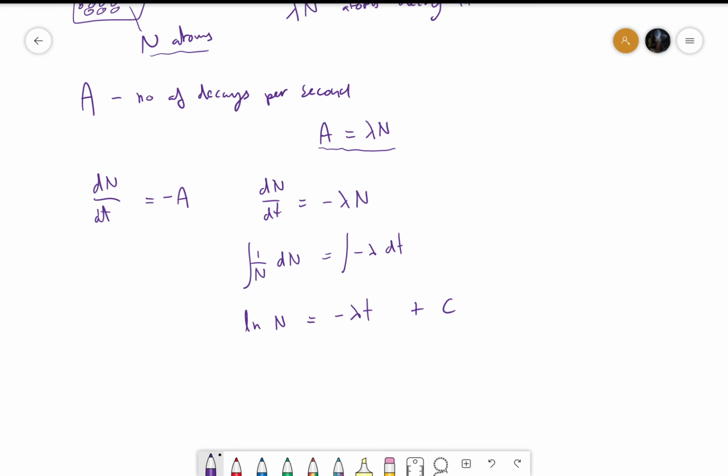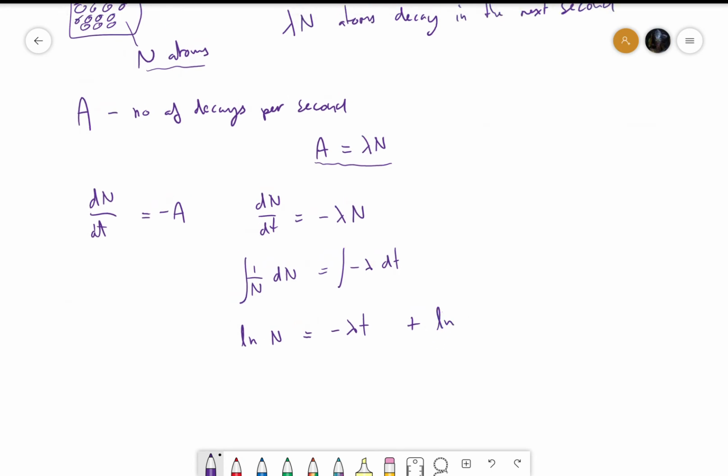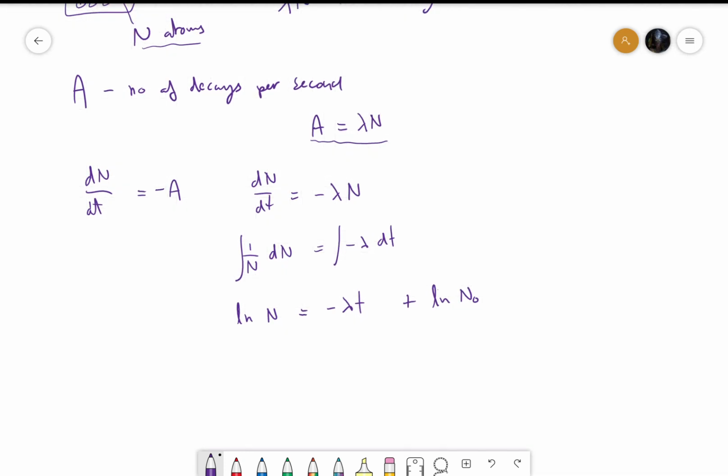This constant of integration is simply a constant, so I can express that, if I wish to, as the natural log of another constant, and I do wish to. So I'm going to call that log N naught, and in a minute we'll figure out what N naught represents.